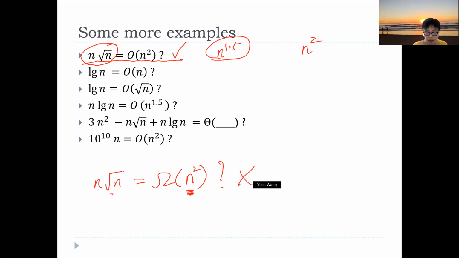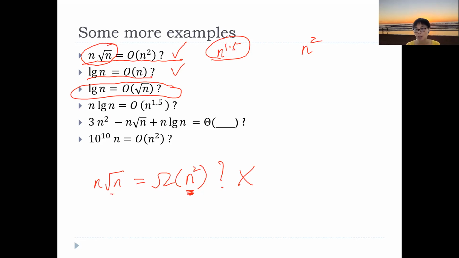Okay, so as we already said, a logarithm function grows slower than a polynomial function. So this is also true intuitively. Any logarithmic function asymptotically grows slower than a polynomial function.